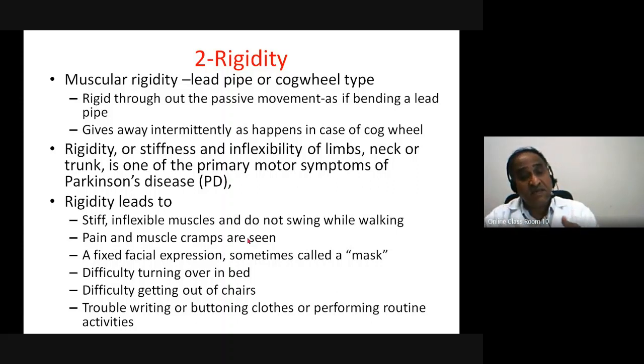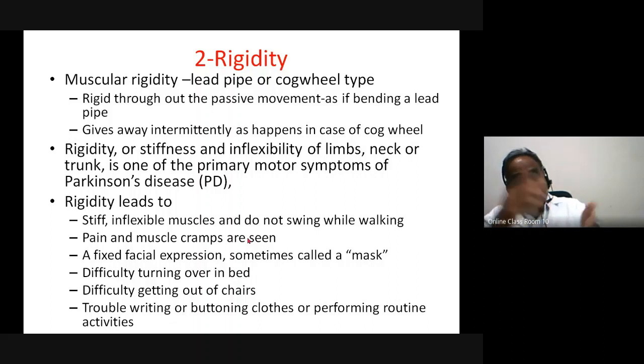These actions may be writing, or trying to give an object to someone, or buttoning the clothes, or performing routine activities, like going to the bathroom and taking a toothbrush and toothpaste. For a toothbrush and toothpaste, you have to hold the brush and take the cap off the toothpaste.